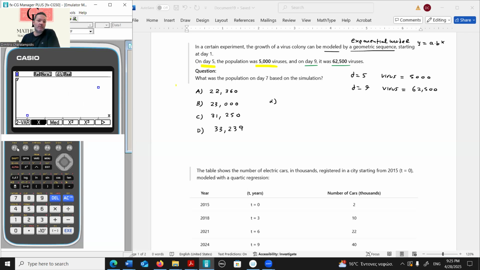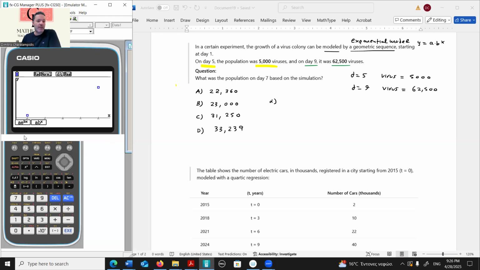Then F1, calc, and at this point, we should state the needed regression model. We need an exponential one. Here, at first, we can see a linear at x, a quadratic at x squared, a third degree, F6 for more options, quartic, x to the power of 4, logarithmic, exponential.